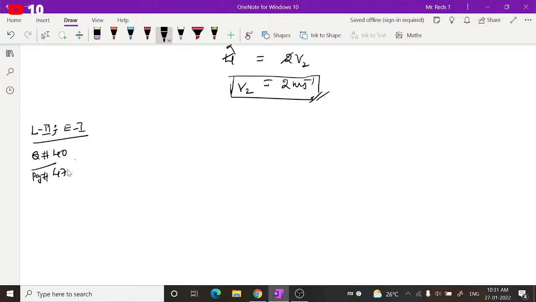Opposite direction means we have to take u2 is equal to minus 2 meters per second. It is again mentioned that the first body stops after the collision. That means the final velocity of the first body is v1 is equal to 0. Then the final velocity of the second body, v2, is the question. Directly you can do it quickly, but I will do it step by step for understanding purposes.